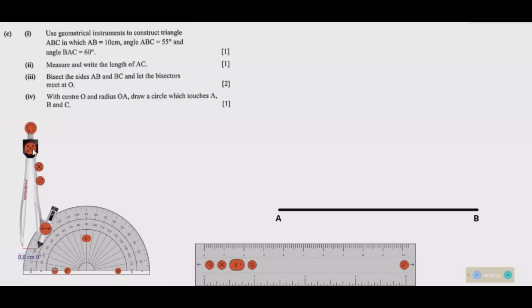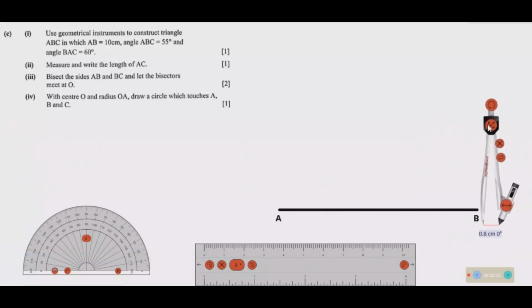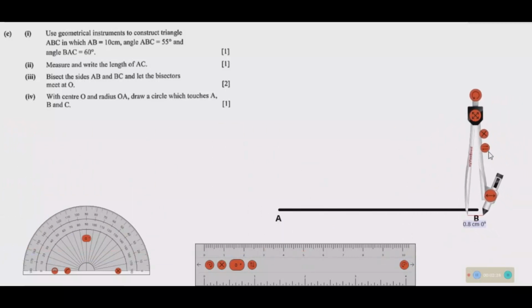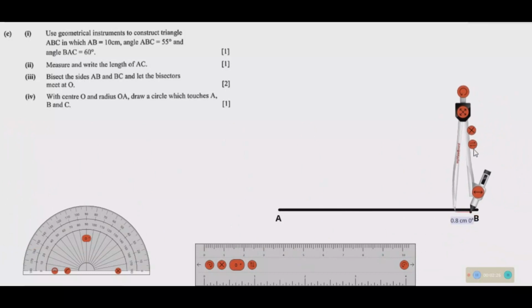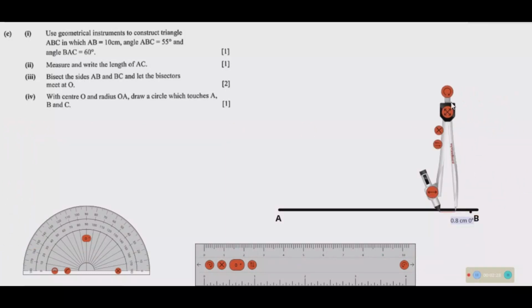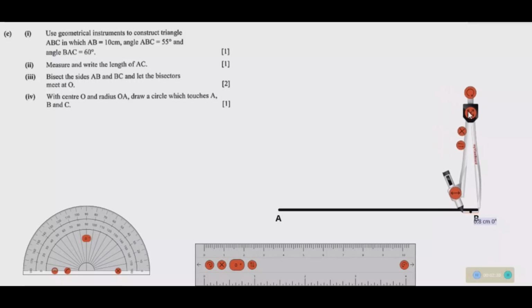So I'm going to get the compass, and I'm going to have a width of at least 1 centimeter. It doesn't matter the width you use, but I just want to use 1 centimeter.